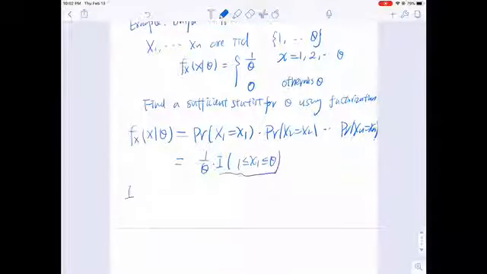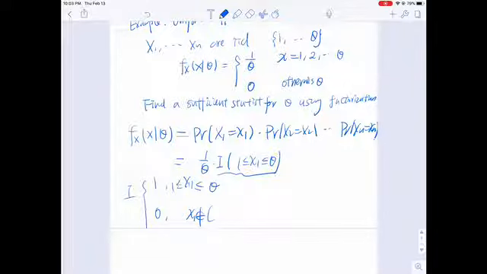So this indicator function is equal to 1 if x1 is between 1 and theta, and it's going to be 0 if x1 does not belong to 1 to theta. That's what it means to be an indicator function. And similarly, we are going to use another indicator function for x2.